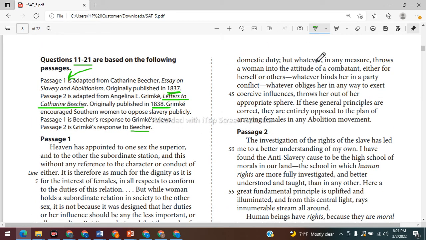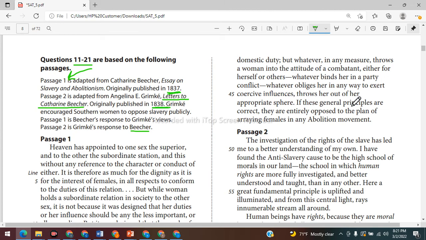But whatever, in any measure, throws a woman into an attitude of combat, either for herself or for others, whatever binds her in a party conflict, whatever obliges her in any way to exert coercive influence throws her out of her appropriate sphere.